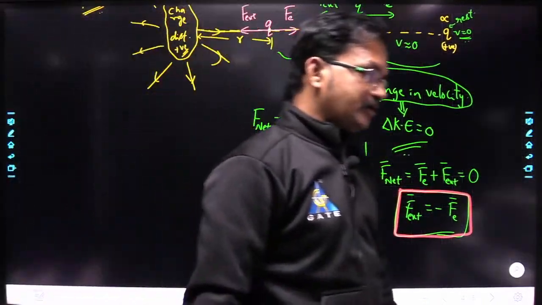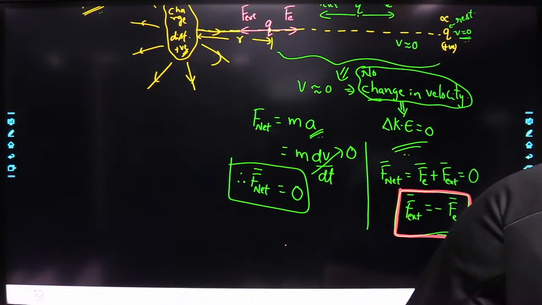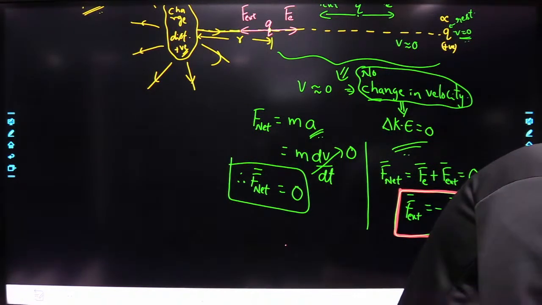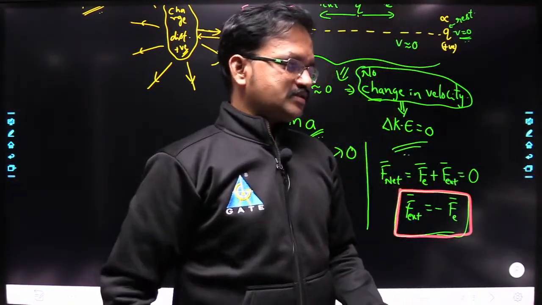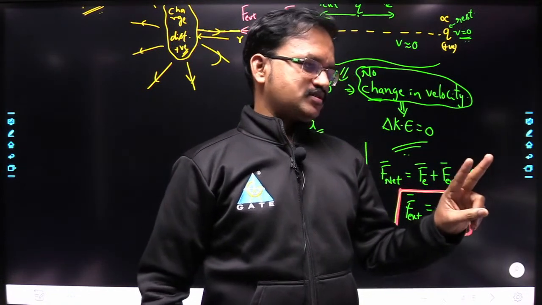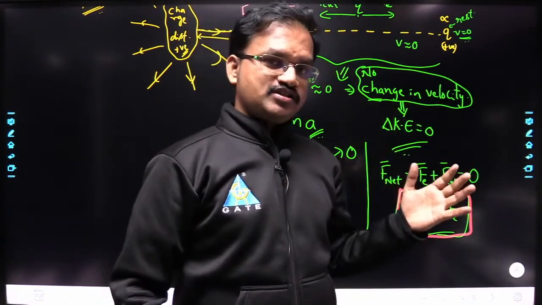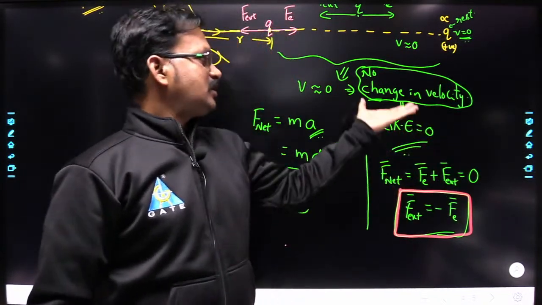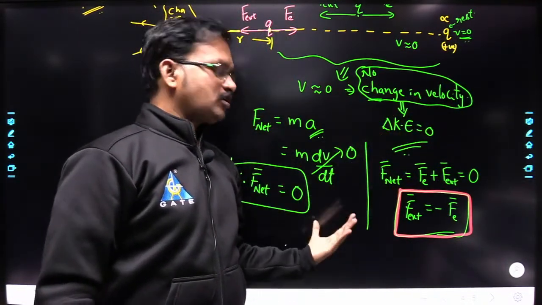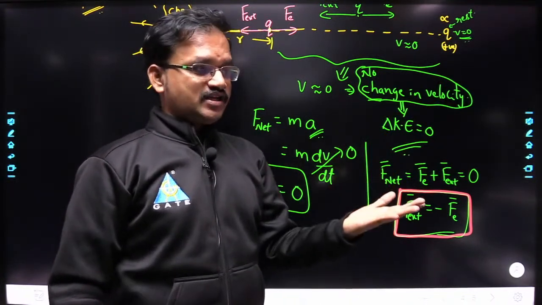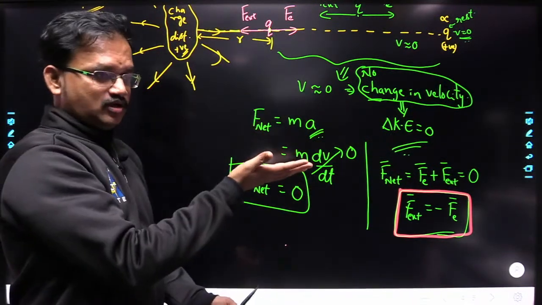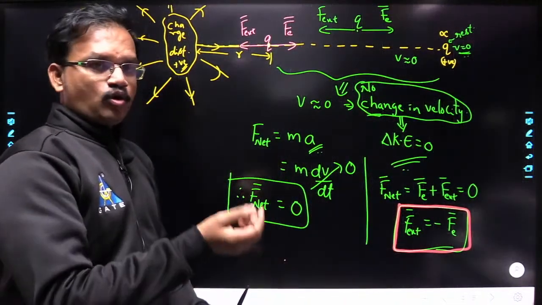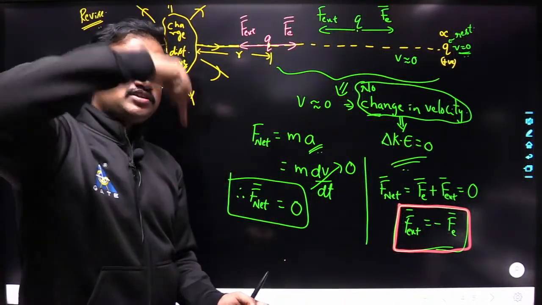Parasmoon asks: if the net force is not equal to 0, then what will happen to the charge in the system? That will become another case. In the previous session I explained two cases. One is if the velocity is not changing with respect to time, then the net force acting on the object will be equal to 0. The other case is if you throw a ball upward, then only one force acts on the object, the gravitational field force.